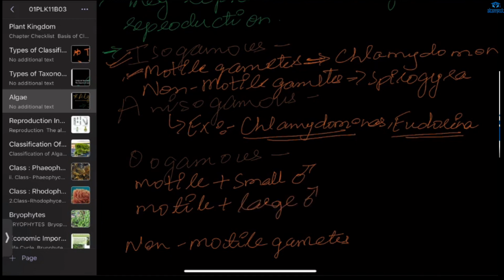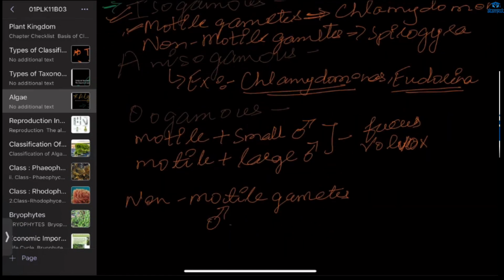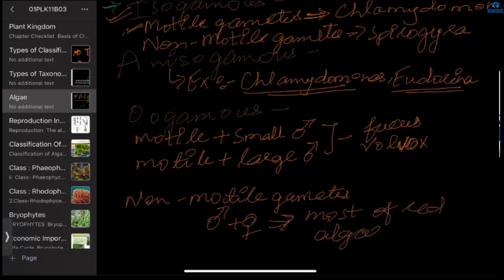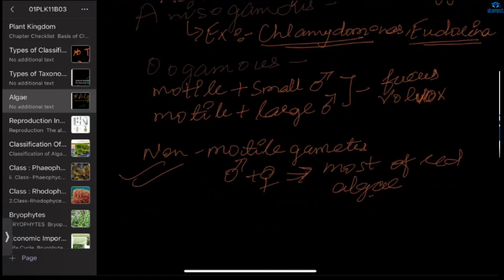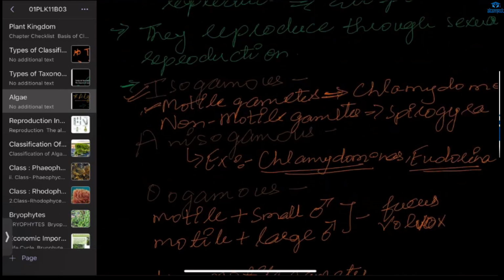These two conditions are followed by Fucus or Volvox. And in non-motile gametes, both the male and female gametes are non-motile and they combine together. Most of the red algae use this process, the non-motile gamete method of oogamous, in sexual reproduction.